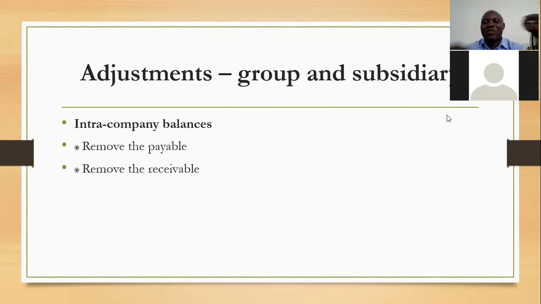Once you are done with the group structure, then now you go to the net assets in the subsidiary. Remember that you are the parent company who has actually bought, theoretically, more than 50% of the shareholdings.